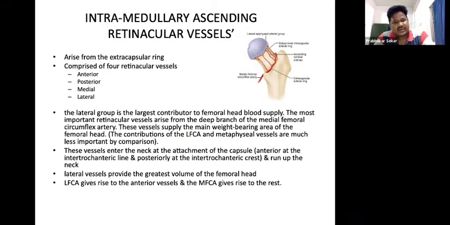So the intramedullary ascending retinacular vessels, once again I will tell you, comprise four retinacular vessels: anterior ascending, medial ascending, posterior ascending, lateral ascending. Among these, the medial, posterior and lateral ascending come from the medial circumflex, and the anterior ascending retinacular vessel comes from the lateral circumflex.